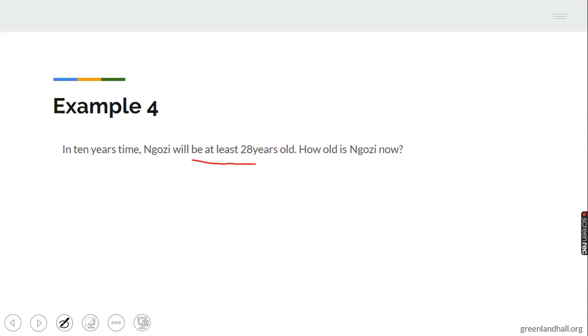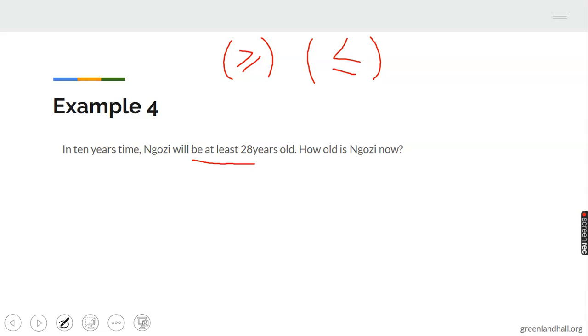What do they mean when you want to represent them in inequality form? At least means greater than or equal to. While at most is less than or equal to. At least, that is the least that you can have. You can have that or more than that. At most, you can have that or less than that.